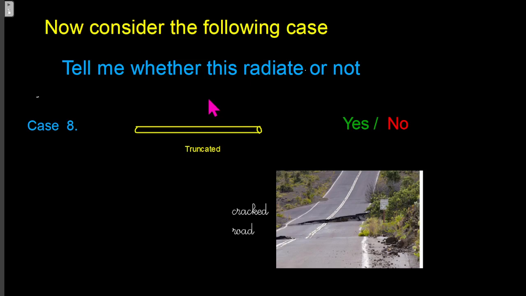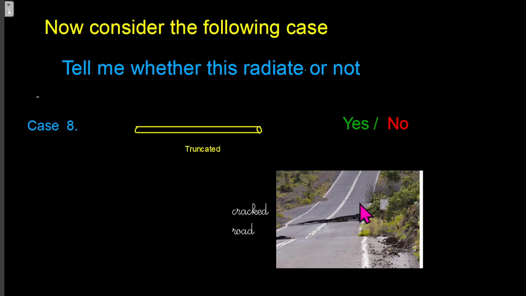Truncated means it is being cut, so if the wire is cut and the current is flowing through that, then definitely you have radiation. And here you have a cracked road, and if you are traveling by a vehicle, definitely you would struggle a lot, and there would be loss of energy, loss of some fuel when you are applying brakes and all.